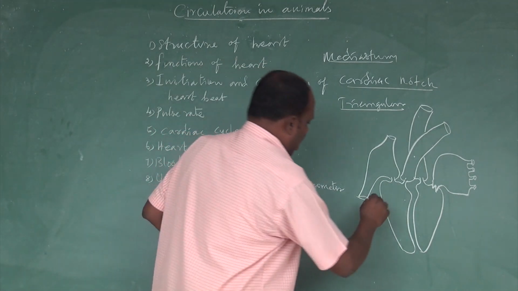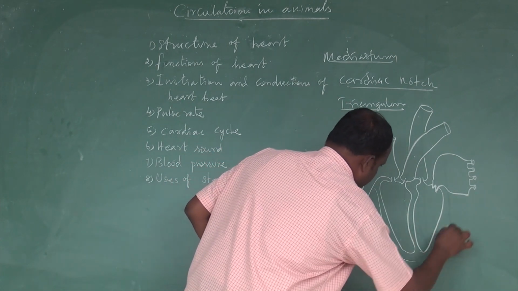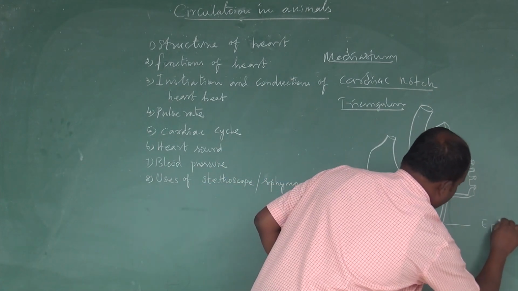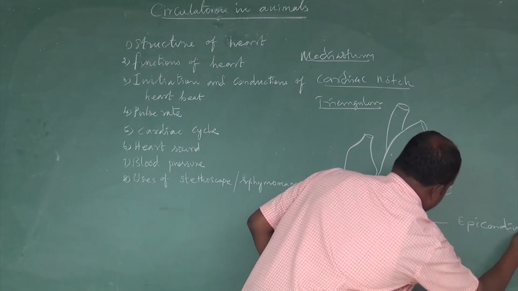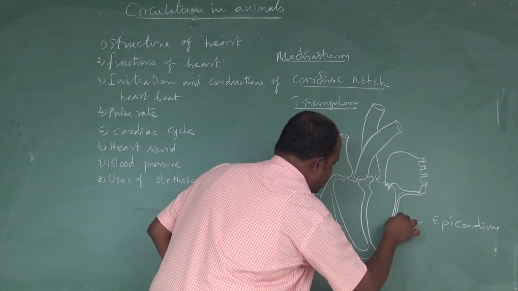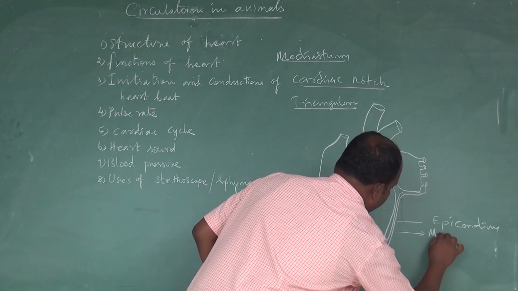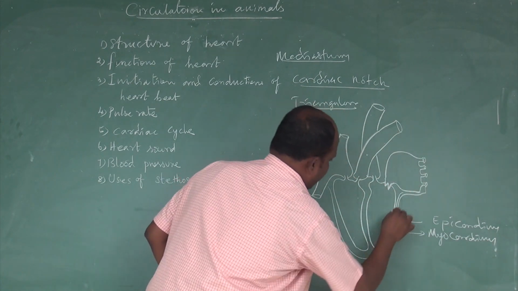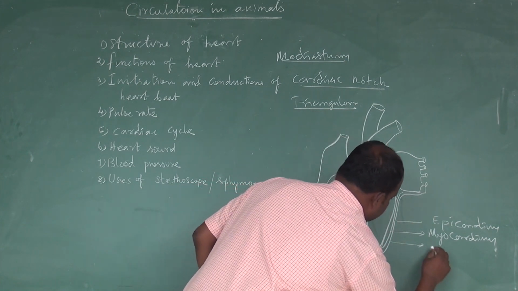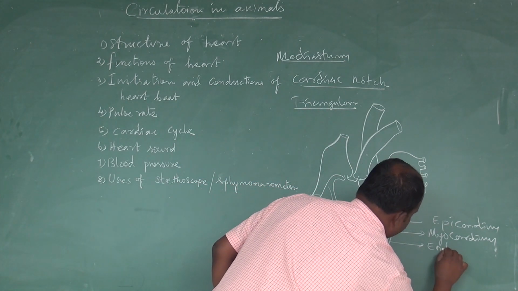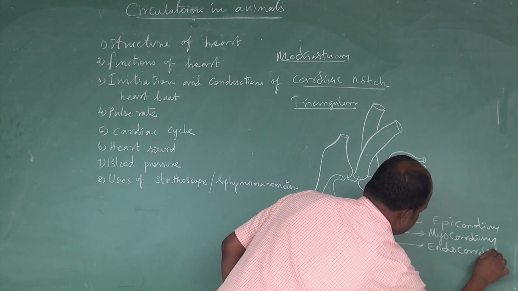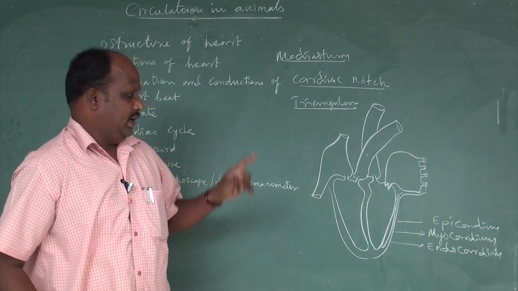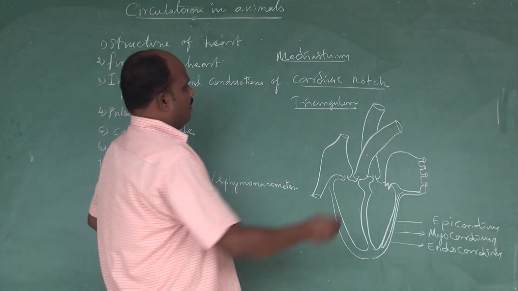The outermost layer is called the epicardium. The middle layer is the myocardium, and the innermost layer is called the endocardium. These three membranes are commonly called the pericardial membrane.